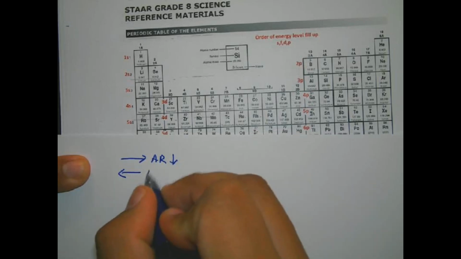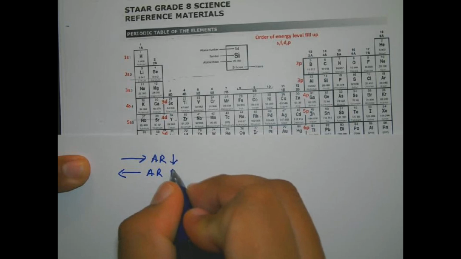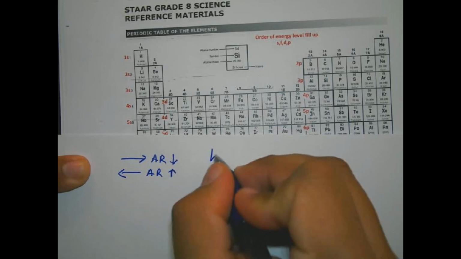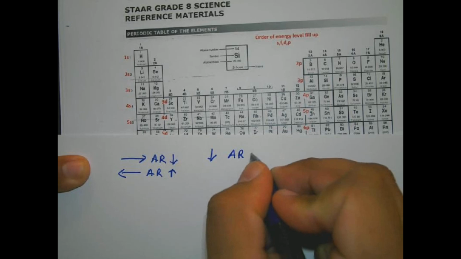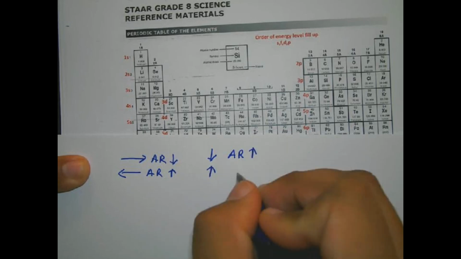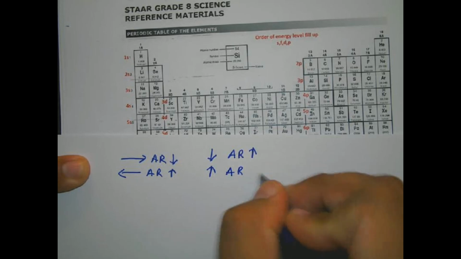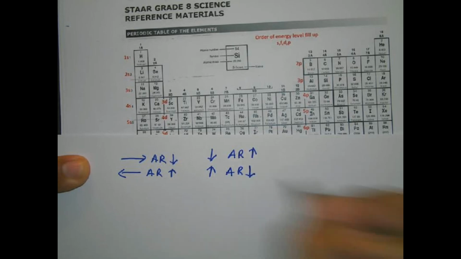And if you're moving left on the periodic table, atomic radius goes up. And if you're moving down on the periodic table, atomic radius goes what? Bigger. And if you go up on the periodic table, atomic radius gets smaller. So there's your trend there.